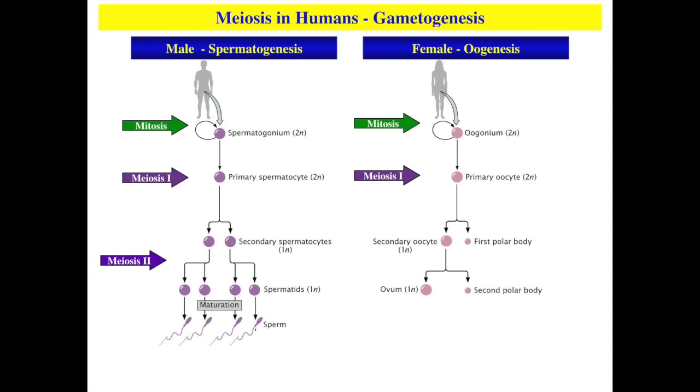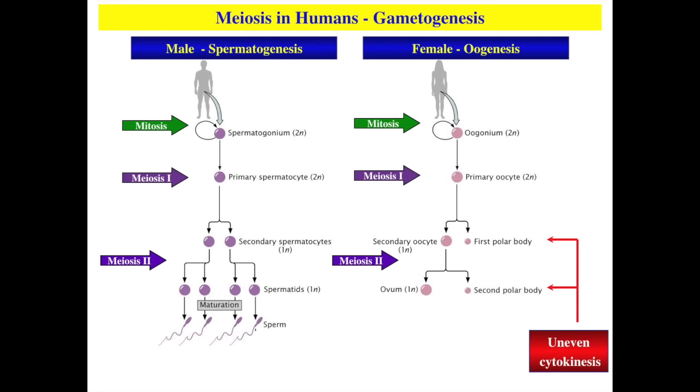So you get a larger secondary oocyte and a smaller first polar body. At the end of meiosis II, this unequal division happens again, and then you produce the ovum, which is 1n and haploid, and then the second polar body.